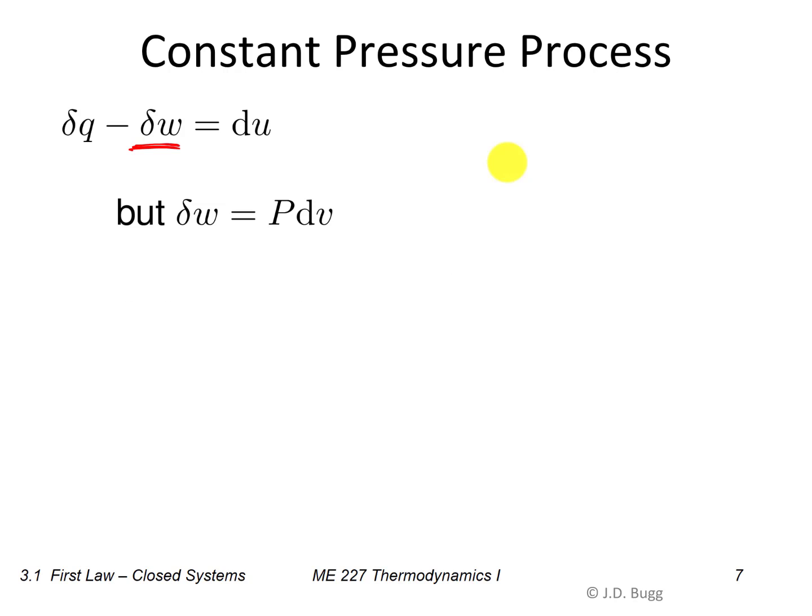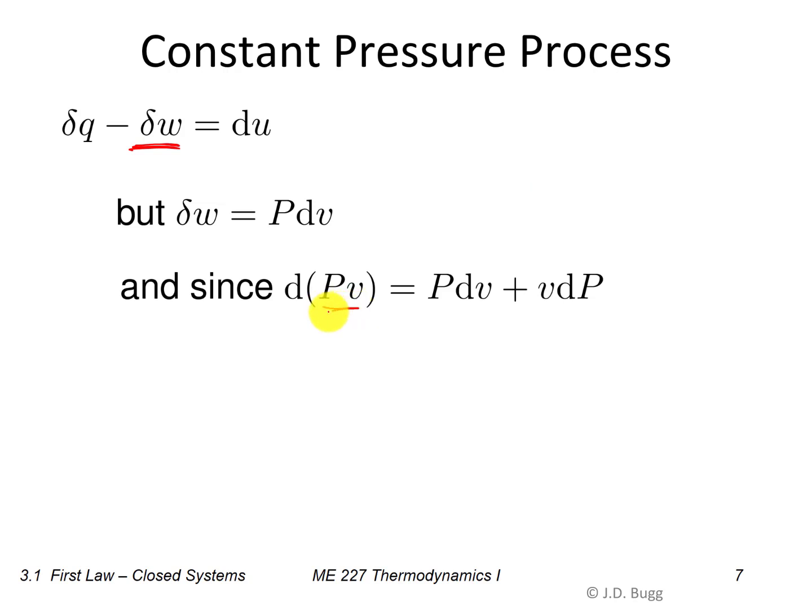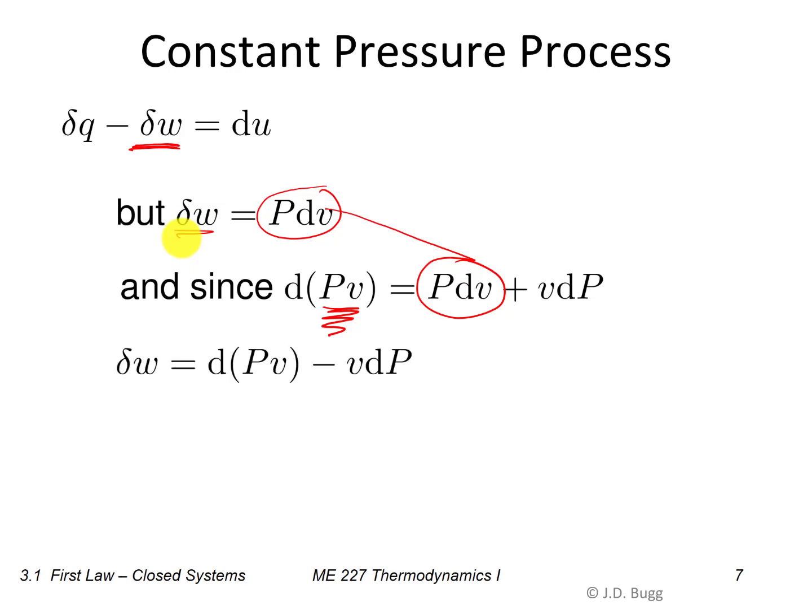Now let's take a look at the product of P and V. If we take the derivative of this product, we can use the product rule, and that is P dV plus V dP. So notice these are the same thing. So that means we can write delta W like this.